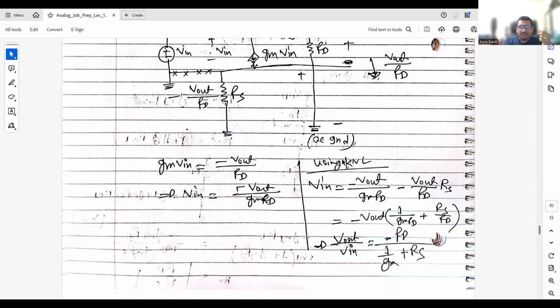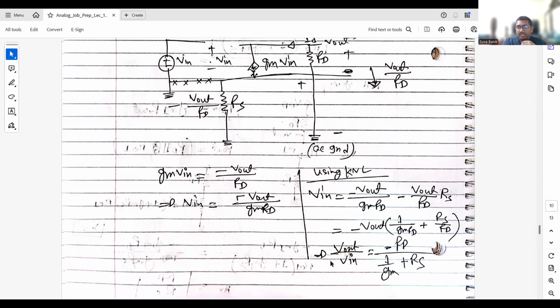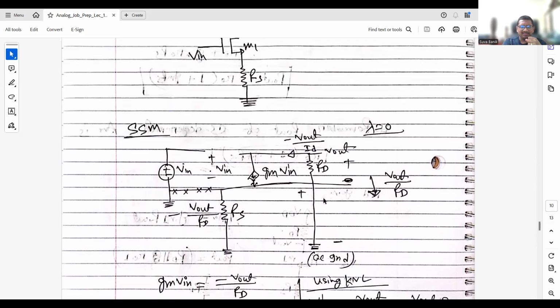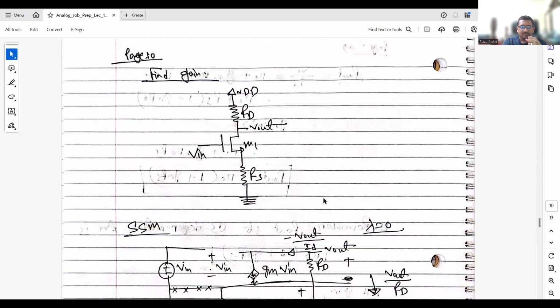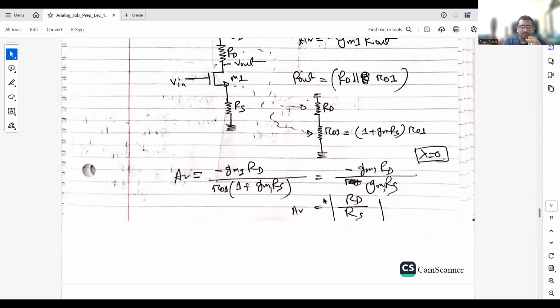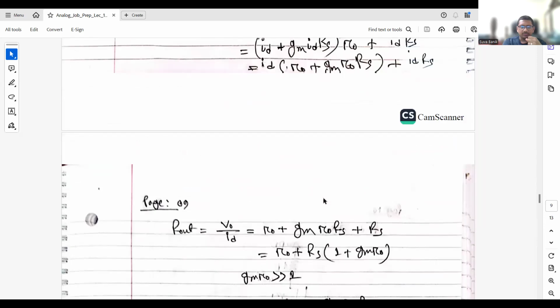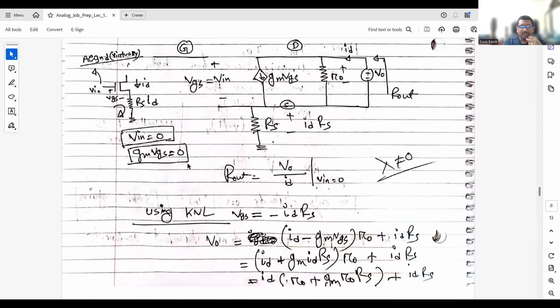After finding the V in value, we simply apply KVL in this loop. I'm showing you KVL in this loop. You can see the VGS terminal here.